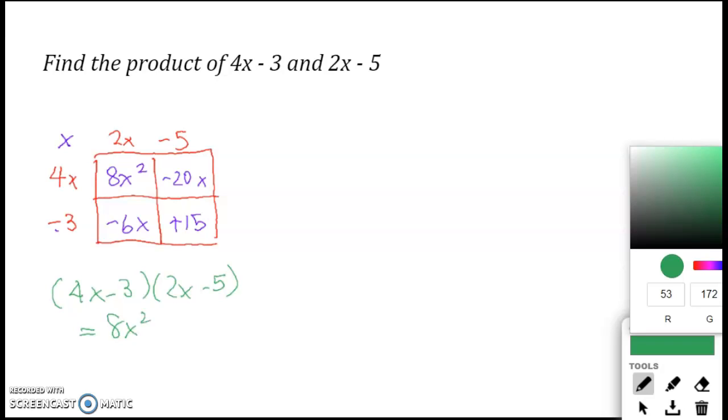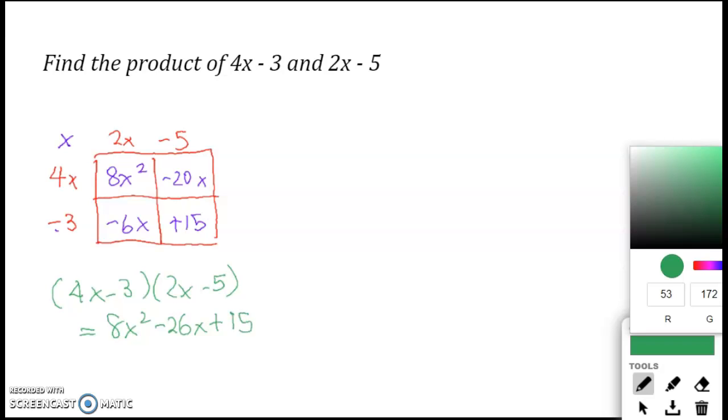But then negative 20x and negative 6x, they are both x terms, so they can be combined. Remember, we're adding the little areas together, all the different parts together. So negative 20 minus 6 is negative 26x, and then plus 15 is your final answer.